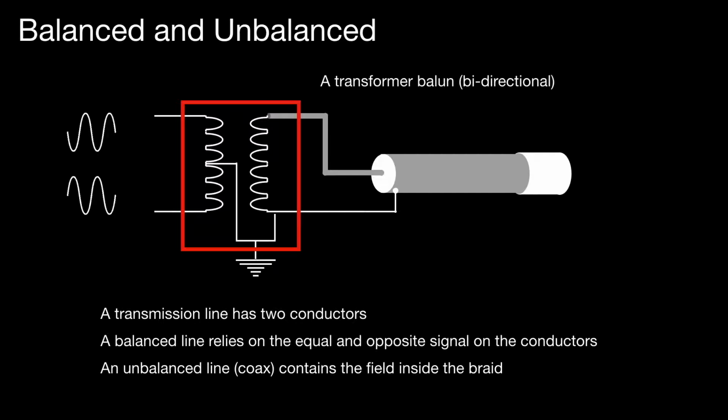There are other types of Balun that don't use transformers, and we'll be looking at those later on. But this, because it uses a transformer, is a transformer Balun. And this is bidirectional, as are most Baluns, in as much as you can transmit either on the balanced line or on the unbalanced line, similarly receive on the balanced line or the unbalanced line.